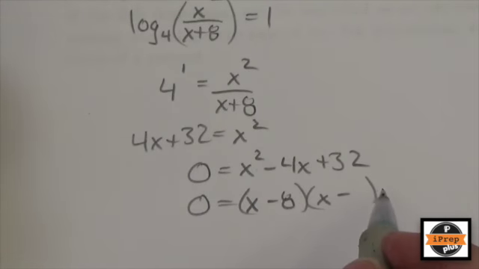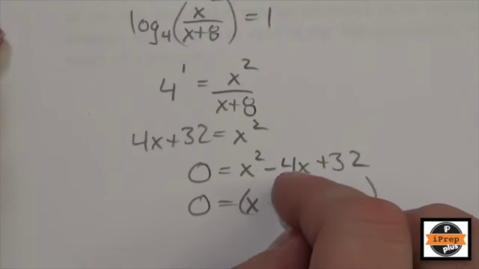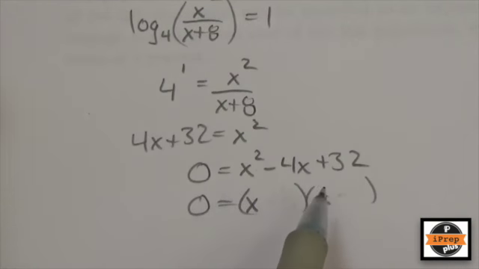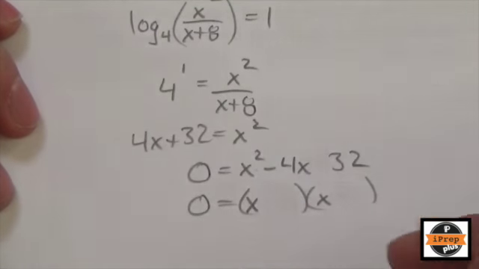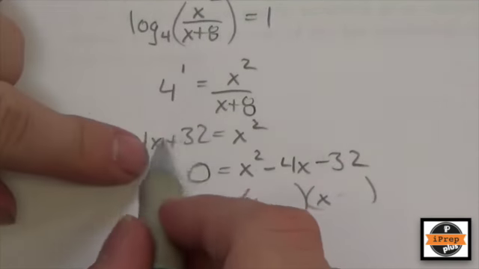Isn't that interesting? So what am I going to do here? I was going to say 8 and 32. Oh, that's because I screwed that up. That should have been negative. It's such an easy thing to do here.